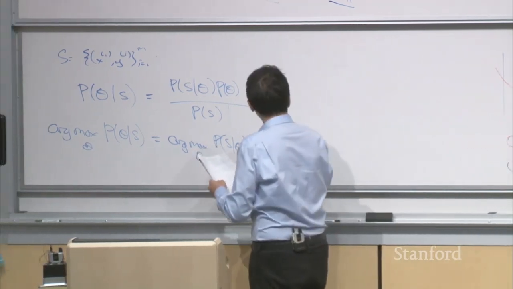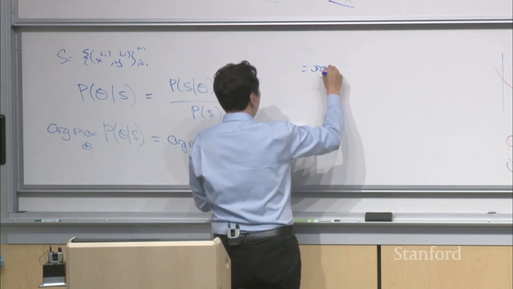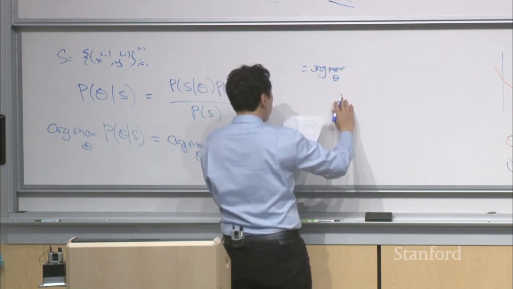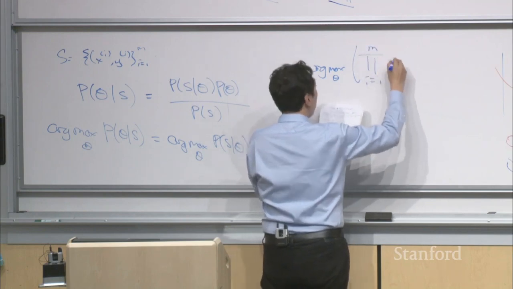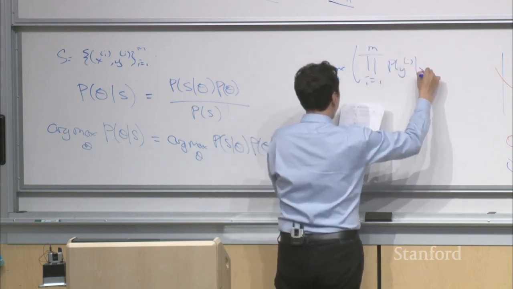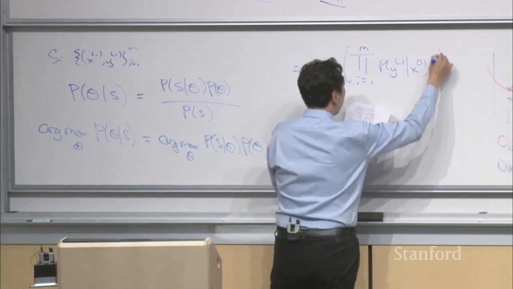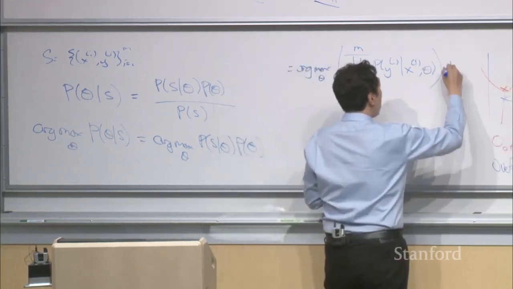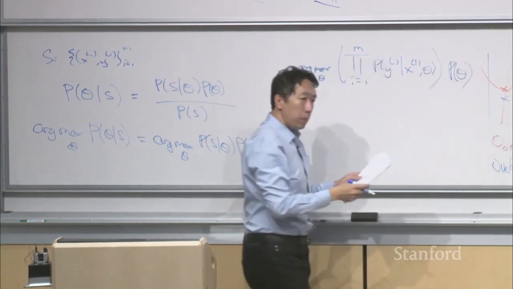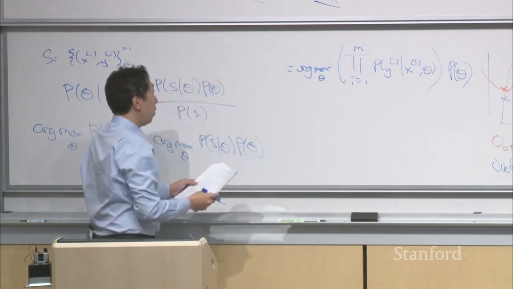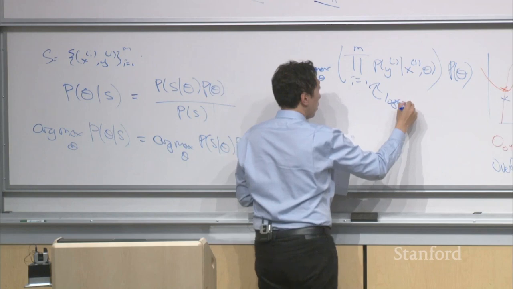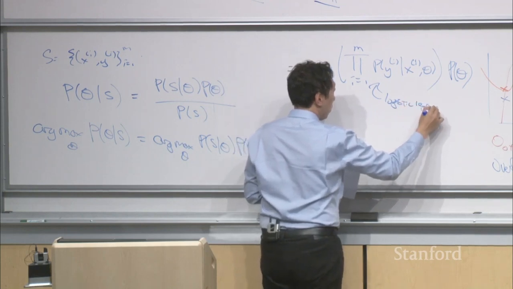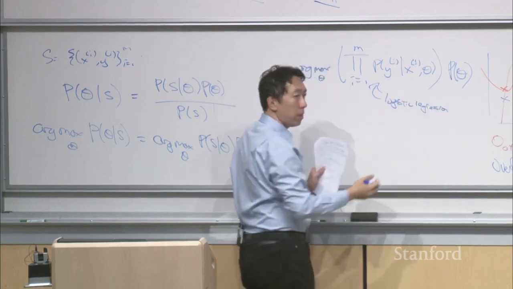And so if you're using logistic regression, then the first term is this, and then the second term is P of theta, where this is the logistic regression model, say, or any generalized linear model.